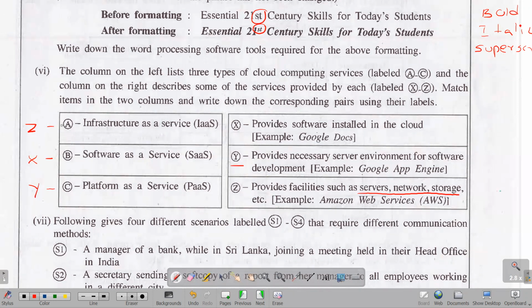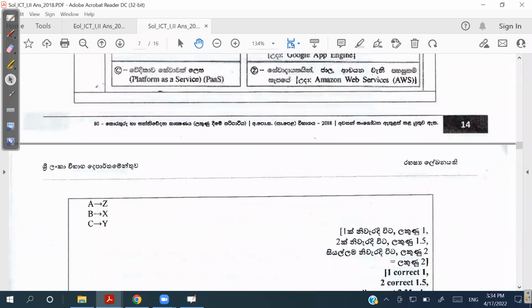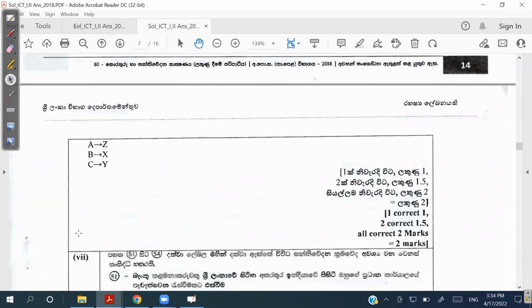So Z goes with A, X goes with B, and Y goes with C. So yeah, Z for A, X for B, and Y for C. So the marks will be there, like 2 marks if all three things are correct. If only one is correct, 1 mark, if 2 are correct, 1.5. If everything is correct, 2 marks are given.